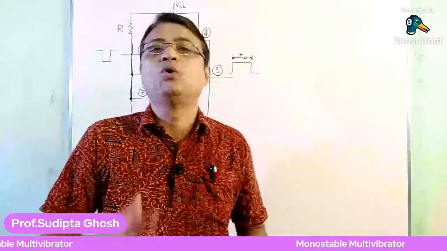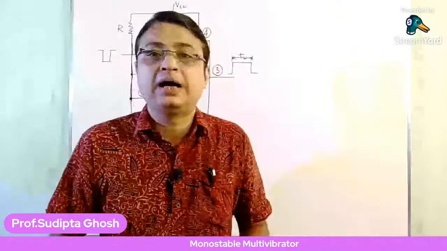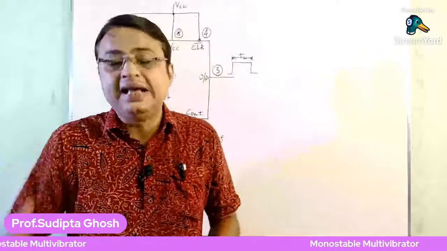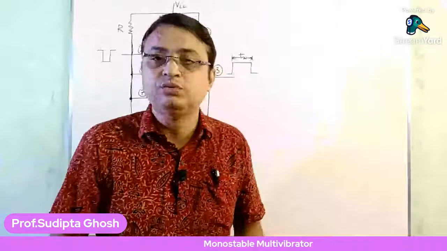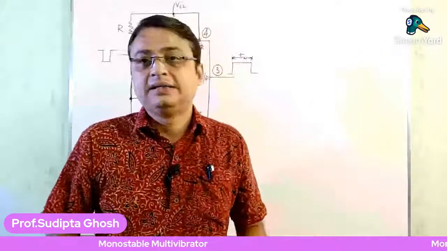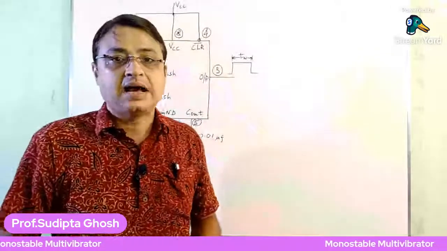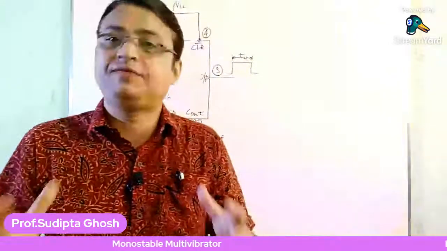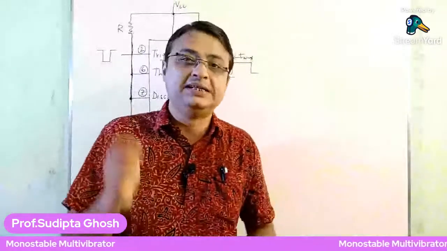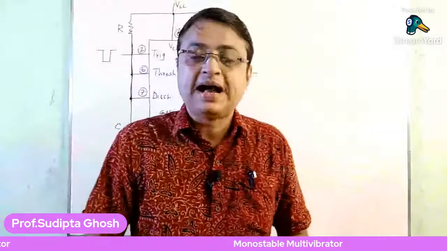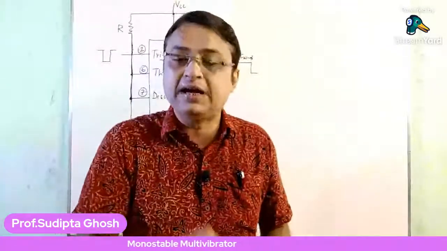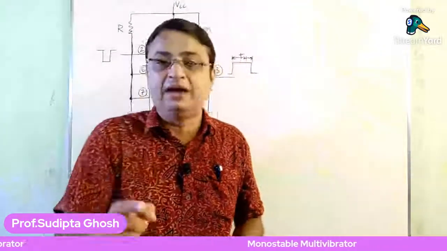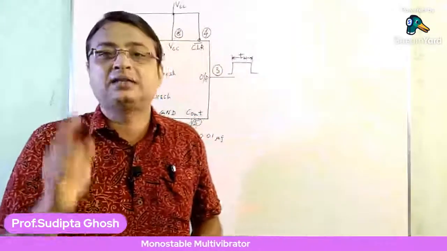We are going to apply a voltage at the trigger input which is less than 1/3 VCC, and that will make the trigger comparator go high, which gives a high output at the 555 timer. Remember again that the trigger input value should be less than 1/3 VCC.